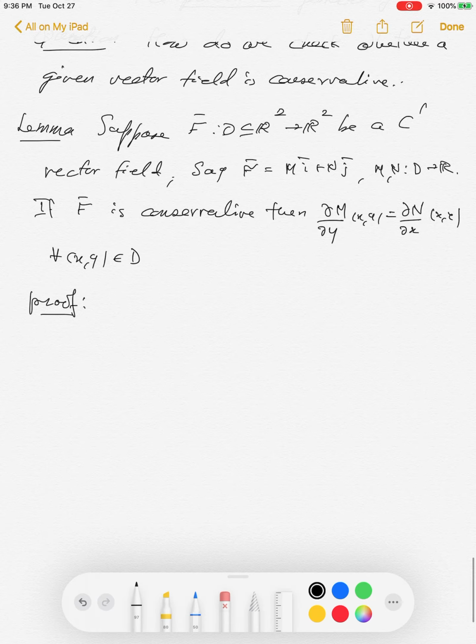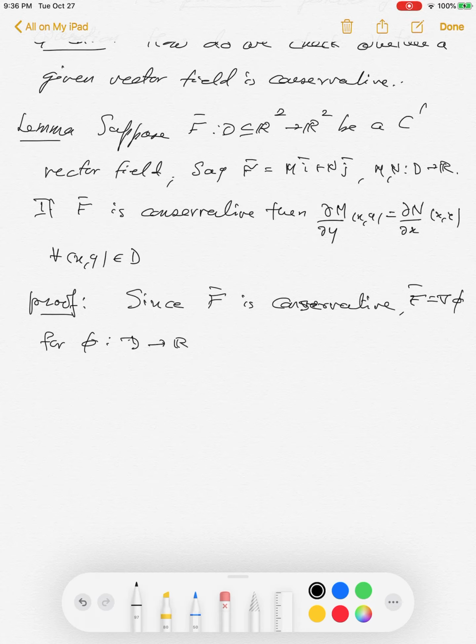Let me give you a quick proof of this. So since F bar is conservative, what do we know? F bar is the gradient of some scalar field phi from D to R. Phi is of class C1, meaning its first partials exist and are continuous.